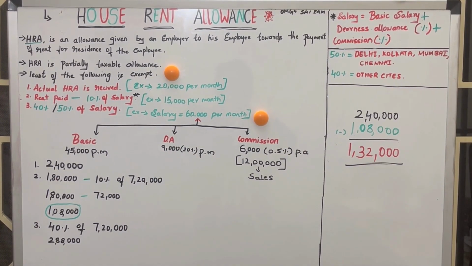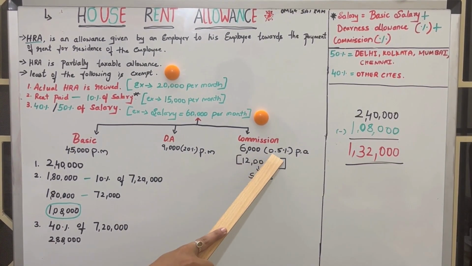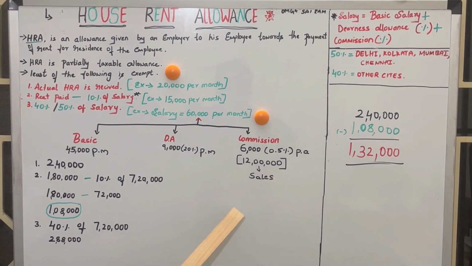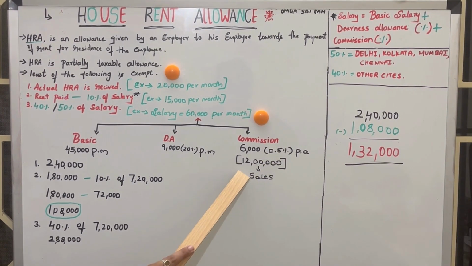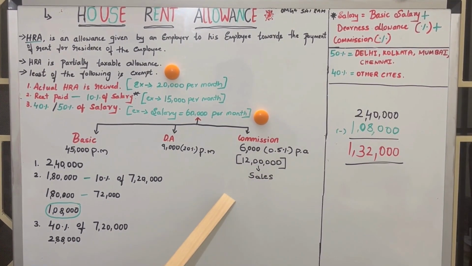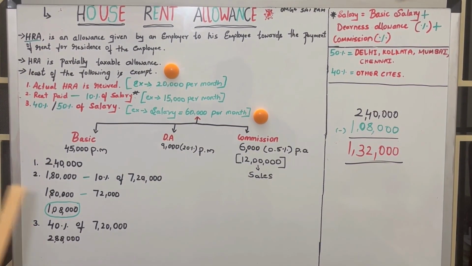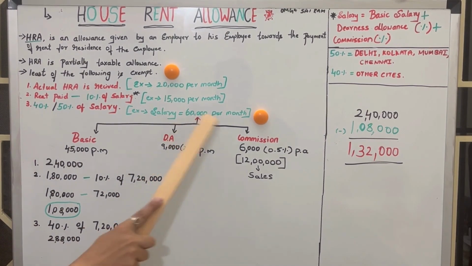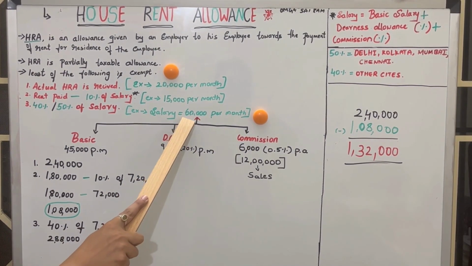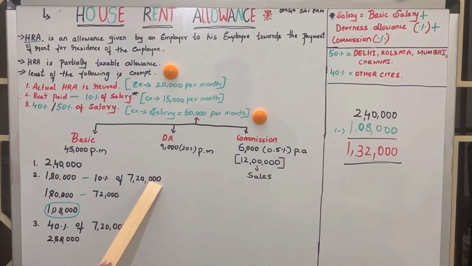And commission, let's consider commission as per annum. So 0.5% of the total turnover, which is 12 lakh, we will get 6,000 per annum. And if we add this basic salary plus DA plus commission, per year we will get 7,20,000 rupees.